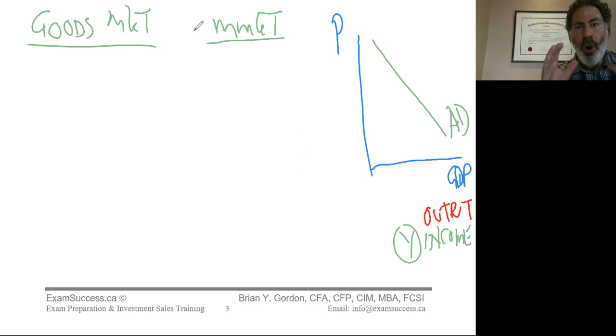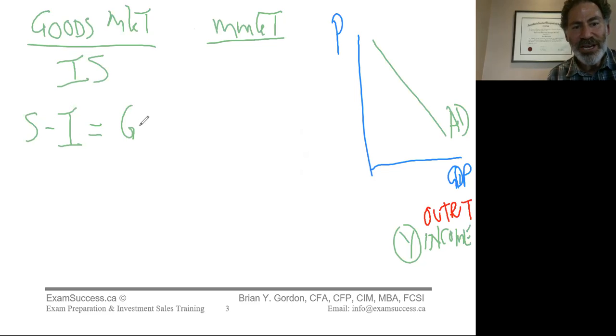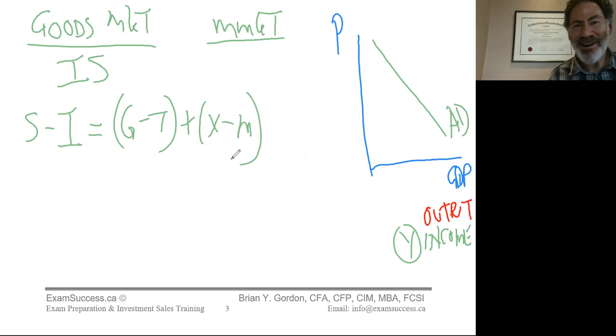I don't think so. What I think we need to do is say the IS model, the investment savings model, relates to equilibrium in the goods market. This equilibrium in the goods market is represented by savings minus investment equal to G minus T plus X minus M. We've seen that equation before, so we know this.